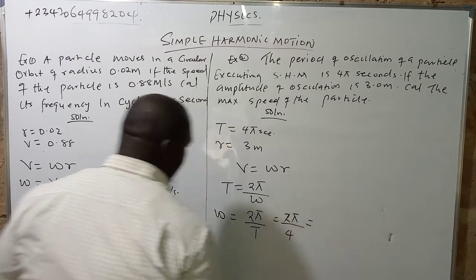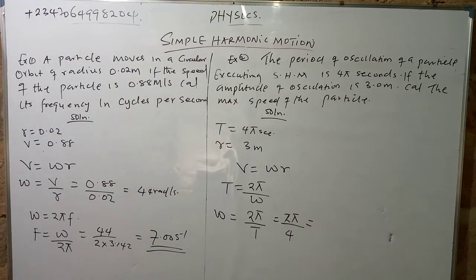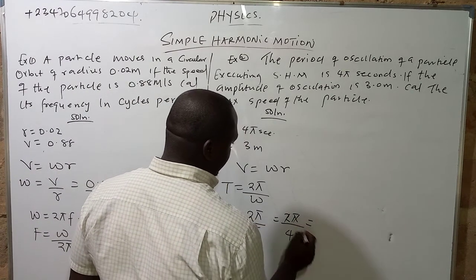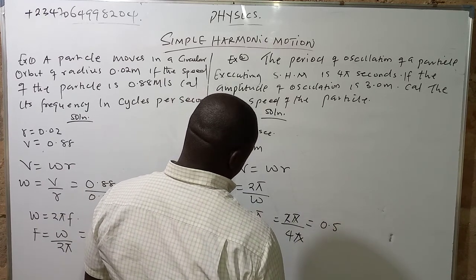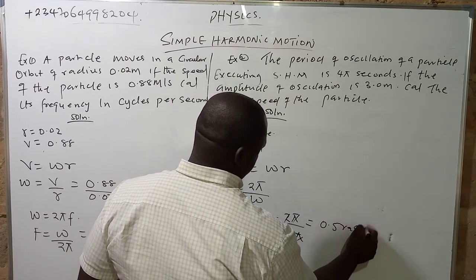Of course, 2 times 3.142 divided by 4. If you punch it in your calculator, the answer you should get is 0.5. Of course, there's also pi here, so pi cancels pi. So you have 0.5 rad per second.